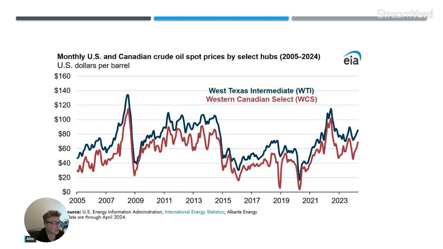Again, this is really a broader function of supply and demand. Let's say you don't have enough space in the pipe, but you have oversupply, right? Now the differential could change, but on its fundamental basis, the differential exists because we need to transport all of that oil to their unique hubs where it can be treated and continue to be transported down to the US, but also because of the quality of the crude, right?